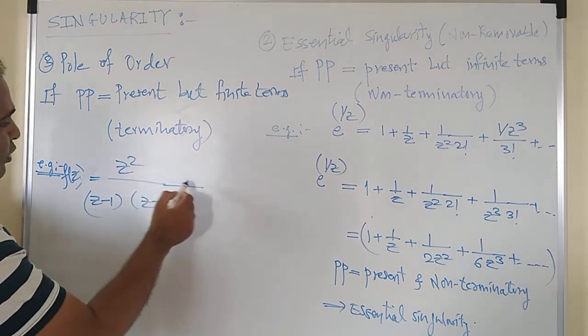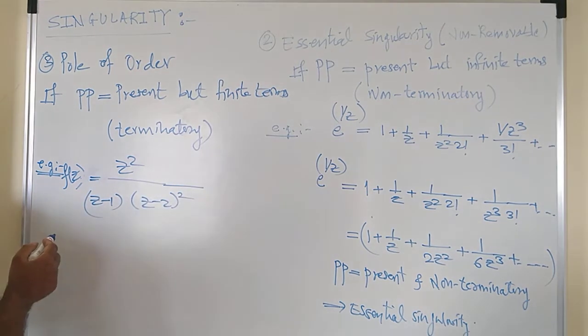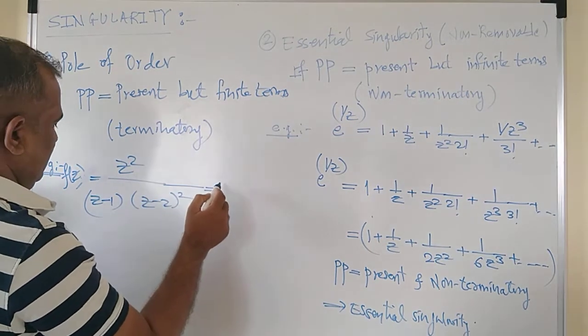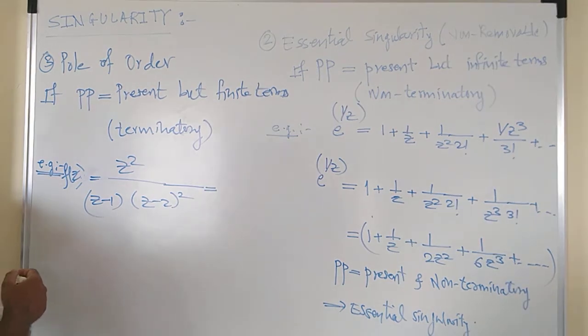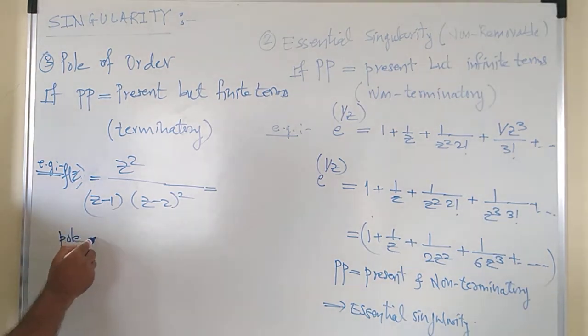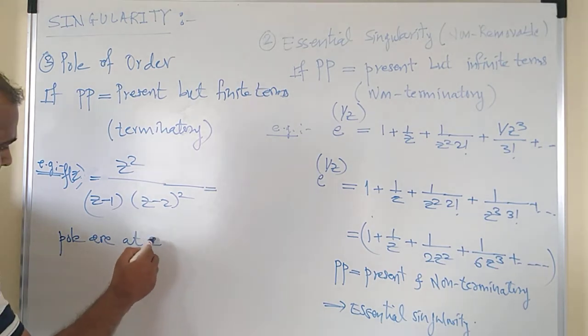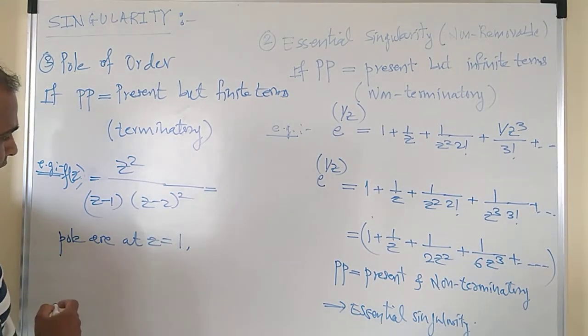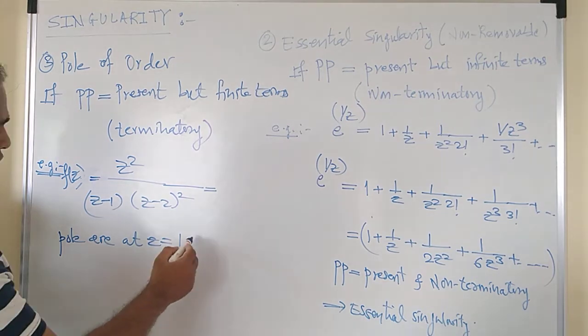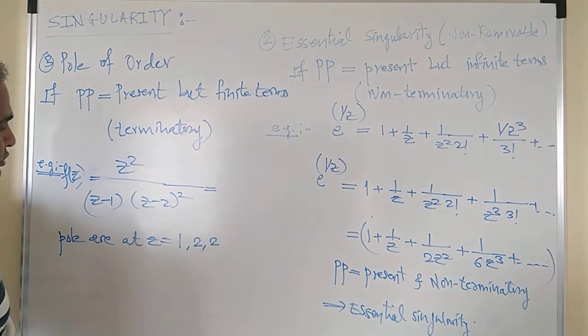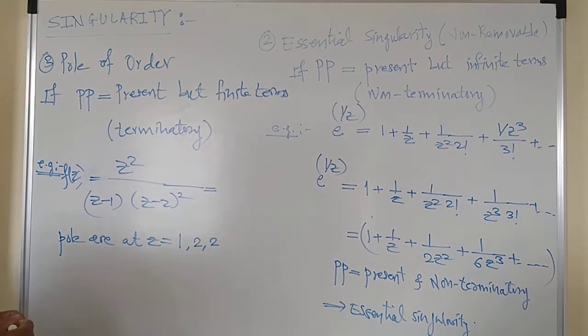So first find out the poles. If you solve this, you will get z square upon (z minus 1) and (z minus 2) square. That means poles are at z equal to 1, and the other poles are at z equal to 2 and 2. So there are a total of 3 poles, 1, 2 and 2, and the pole of order is 2.